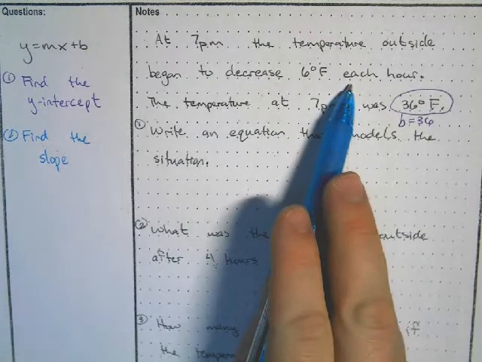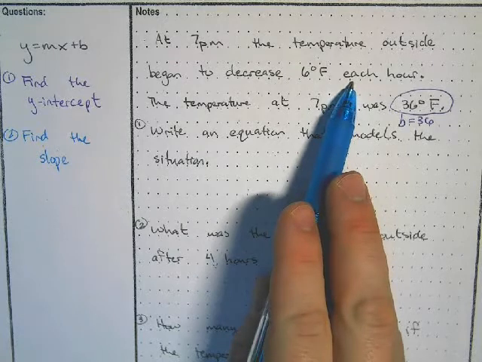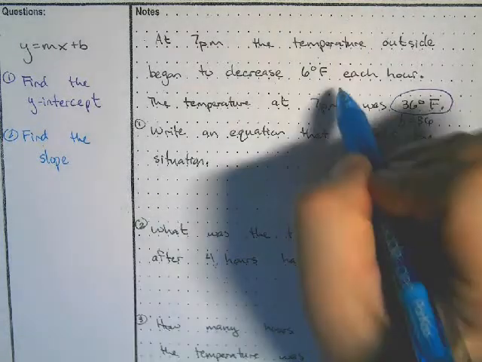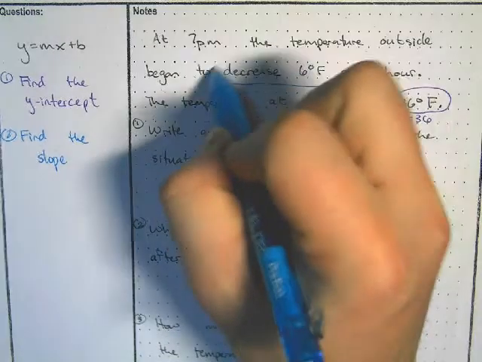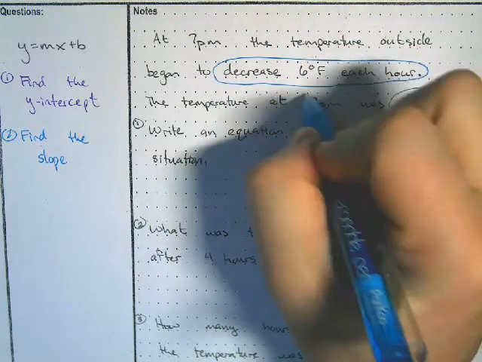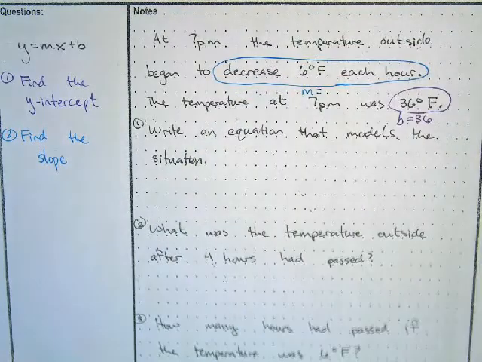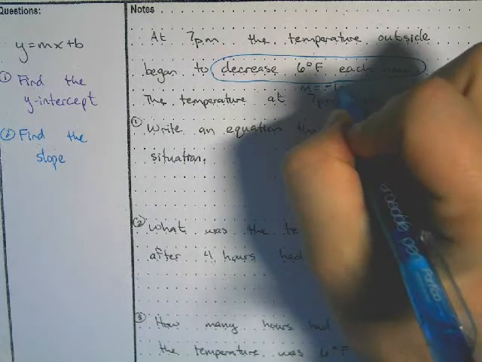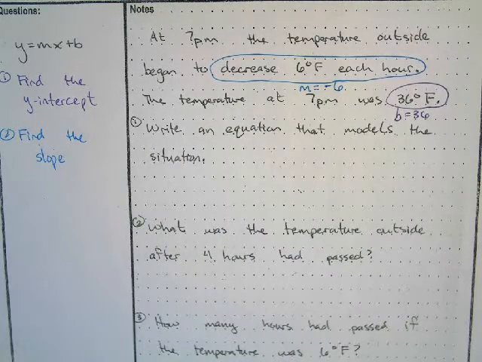So I see the word each, so it's usually a good indicator of my slope, but I want to keep this word in here too, decrease. So what's my m value going to equal? M is going to equal -6 because I'm decreasing.